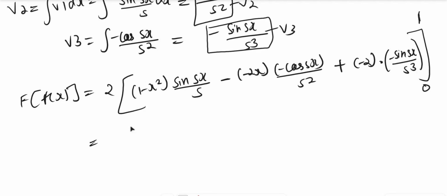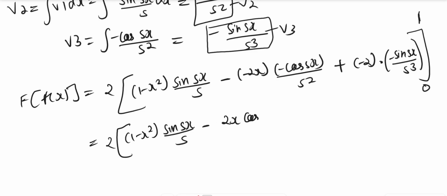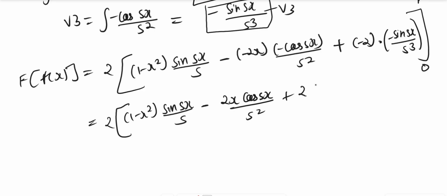So this becomes 2 in bracket (1 minus x square) sin sx divided by s. Now how many minus signs are here? Minus minus plus, then plus minus again minus, so it is minus 2x cos sx divided by s square, then minus minus plus, so it is plus 2 sin sx divided by s cube, and the limit is from 0 to 1.